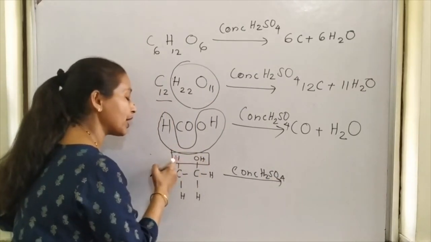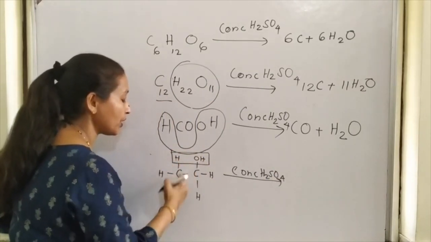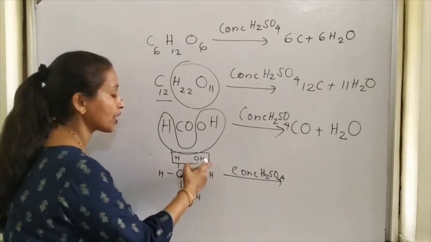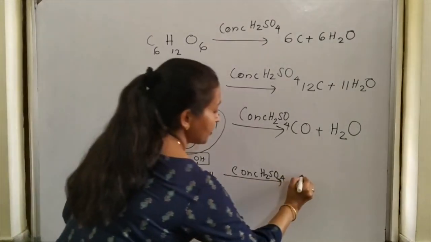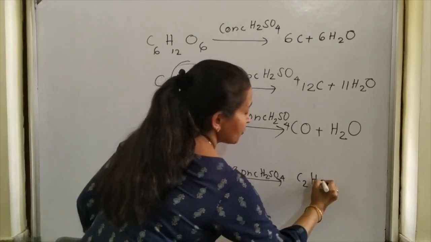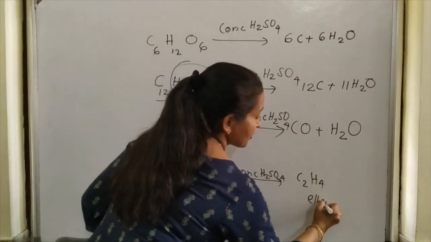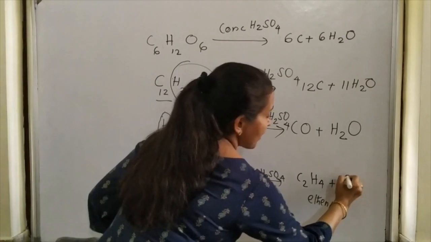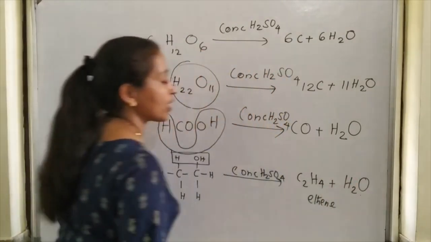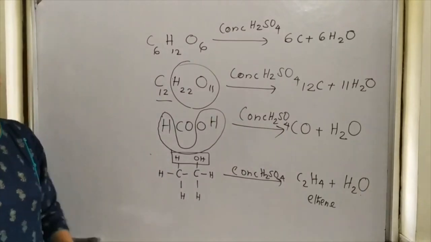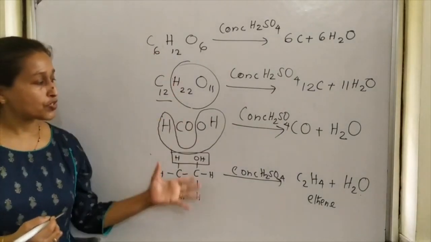That means chemically combined water. There is no other oxygen, so you can remove only 1 molecule of water, and what is left over is C2H4. This is a gas, ethene. Ethene plus steamy vapors will be evolved, or water is evolved in the form of steam. So I have written a few examples for this.